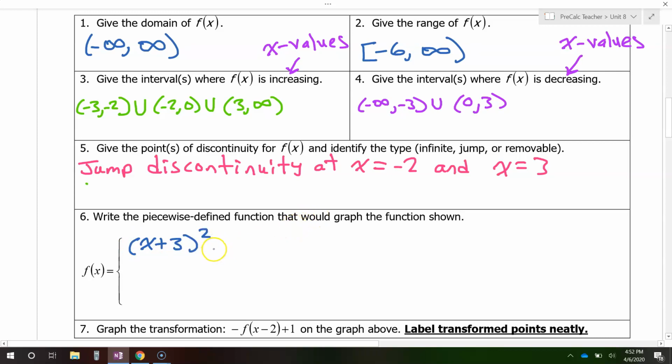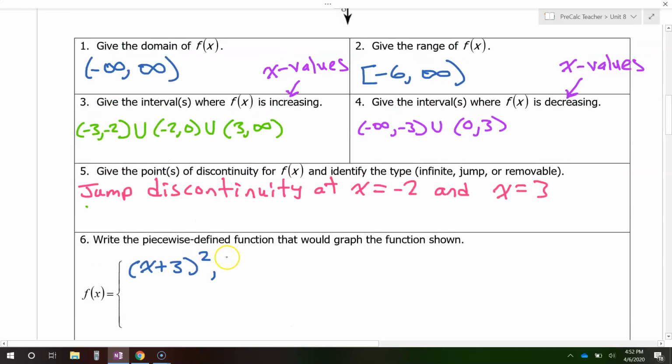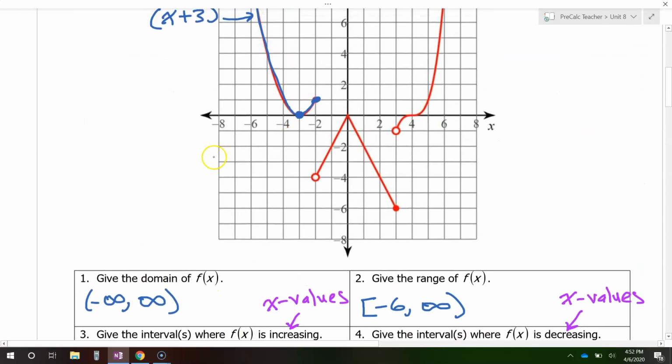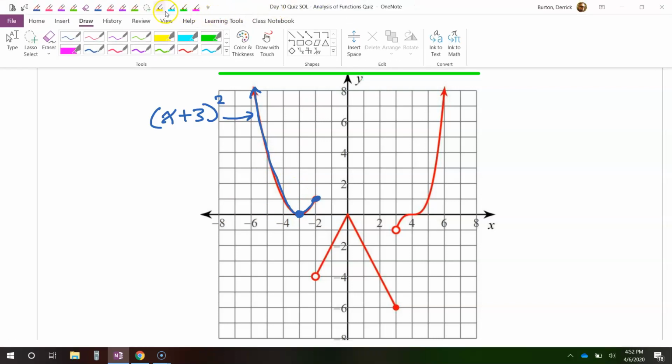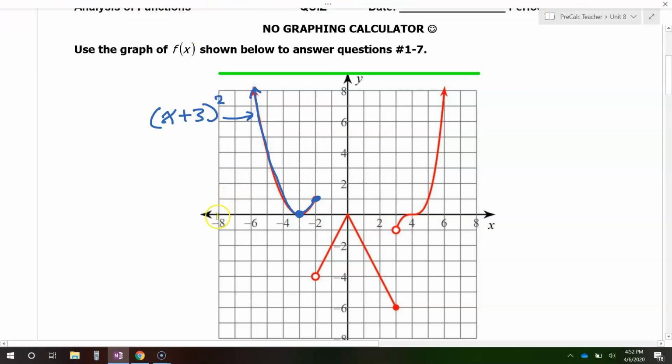But next, I need to mention the domain of this part of the graph. So look at the x values. So this part of the graph, if I stare at the x-axis, maybe I'll just use a highlighter, goes from -2, and it goes to the left forever.